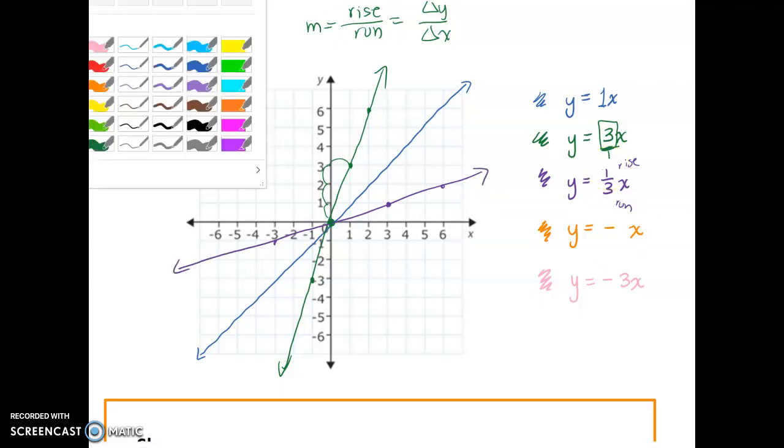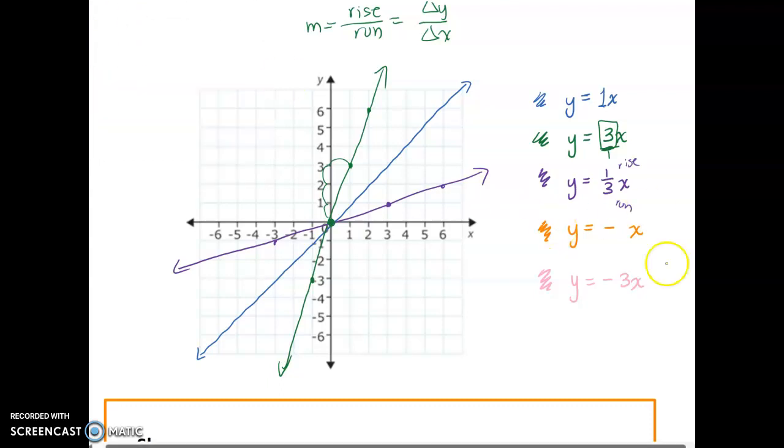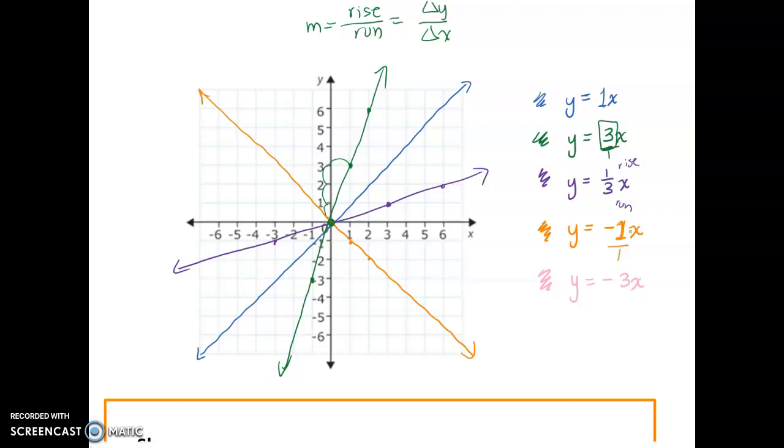The next one, the orange one, is y equals negative x. And remember, there's an invisible number of 1. So it's really a negative 1 for the slope, which is negative 1 over 1. So now if I go from the origin, down 1 to the right 1, down 1 to the right 1. It's just the opposite of the blue one, where I'm going in the opposite direction.